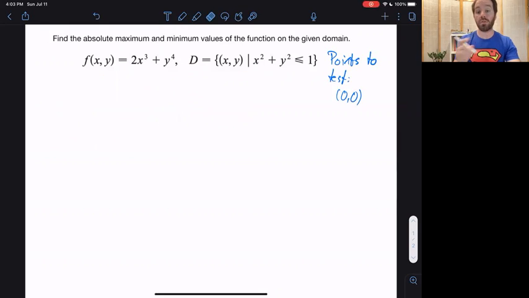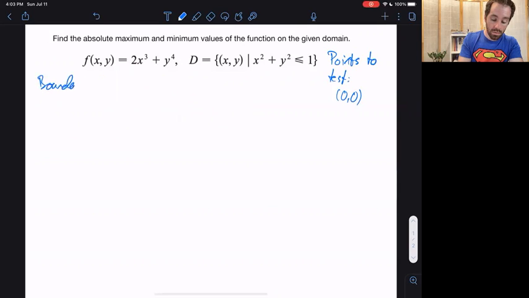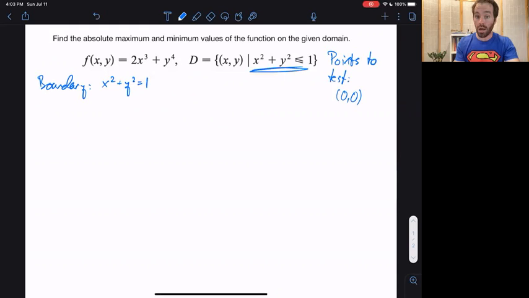And now I'm going to worry about the values of this two-variable function on the boundary of the domain. The boundary is the circle x squared plus y squared equals 1. Now, yes, it is phrased as an inequality here. However, that inequality is meant to give the interior of the circle, but also the edge of the circle.